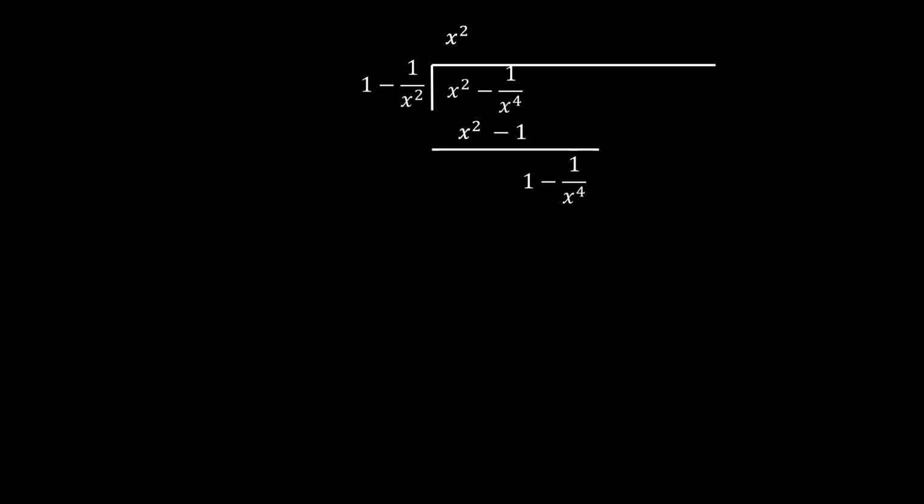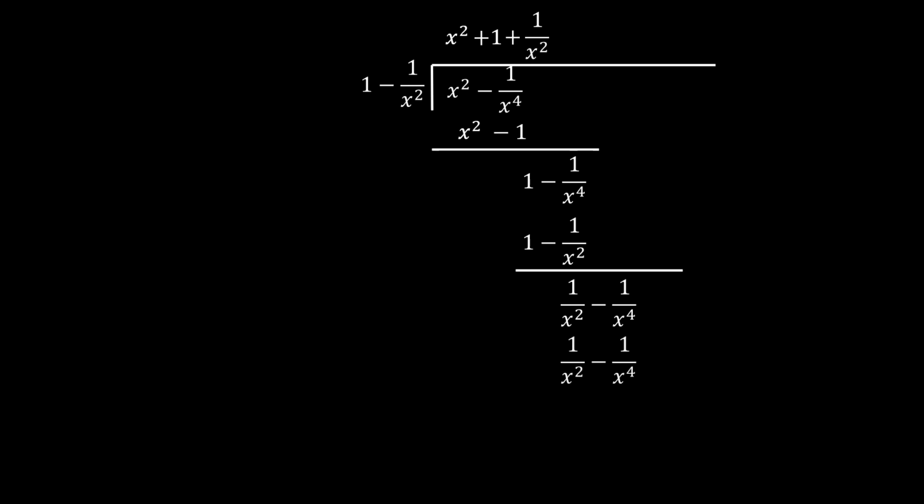And then you subtract that, you get 1 minus 1 over x squared, and so now eventually the difference is 1 over x squared minus 1 over x to the power 4, and you multiply by 1 over x squared to the divisor, and you get something similar to this. And so when you subtract, you get 0.